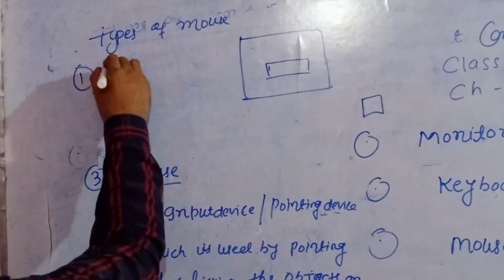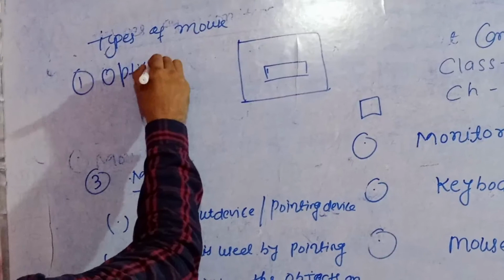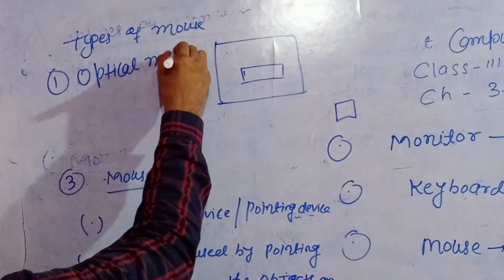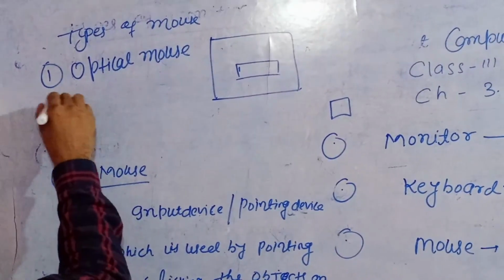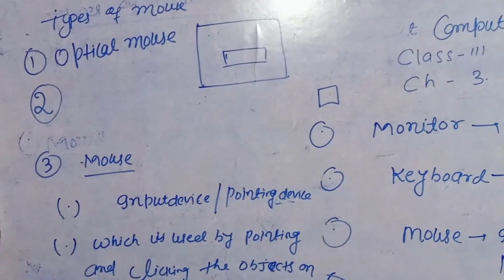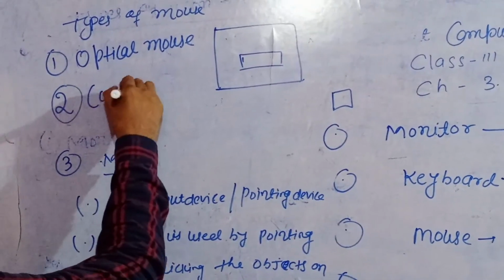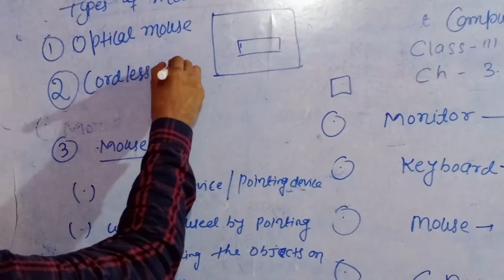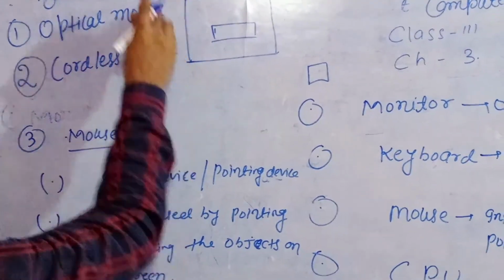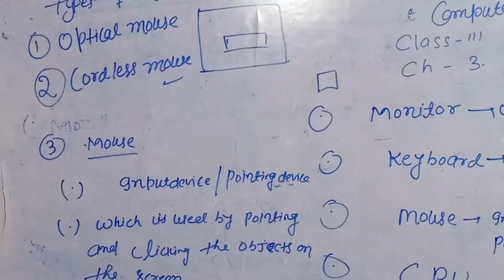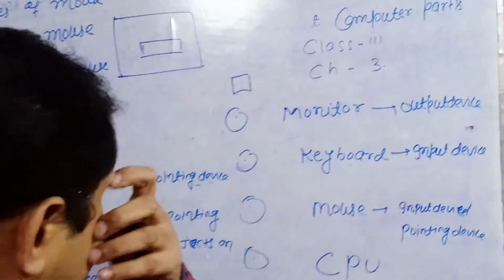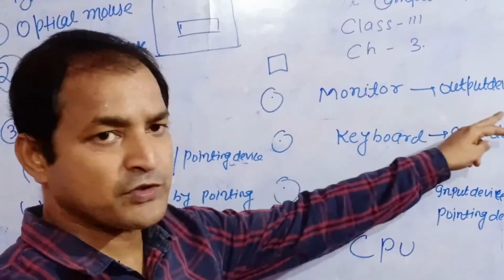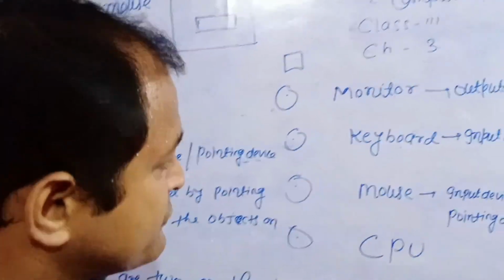First type of mouse, optical mouse, and the second type of mouse, cordless mouse. These are the 3 important topics I discussed: monitor, keyboard and the mouse. Monitor is the output device, keyboard is the input device, and mouse is the input device.